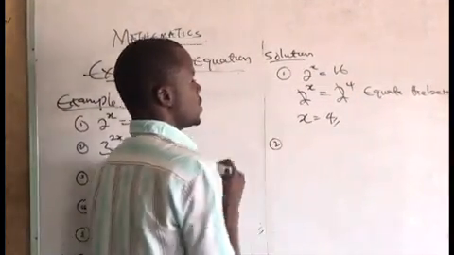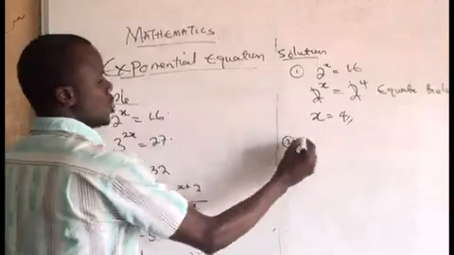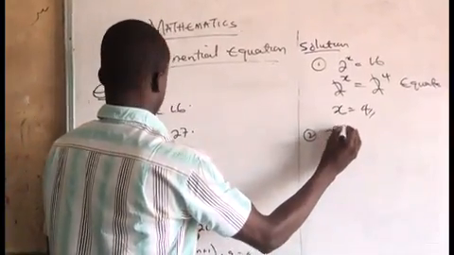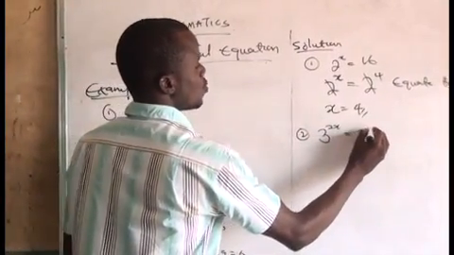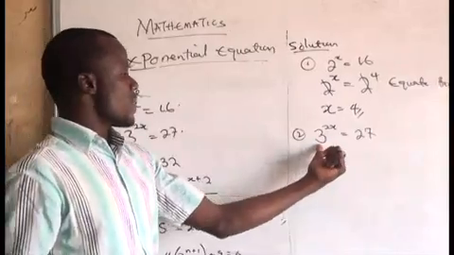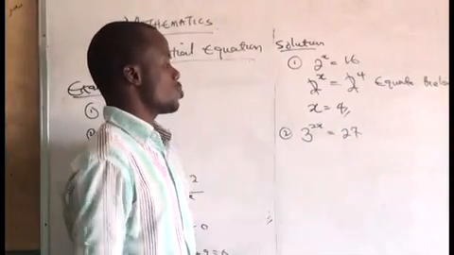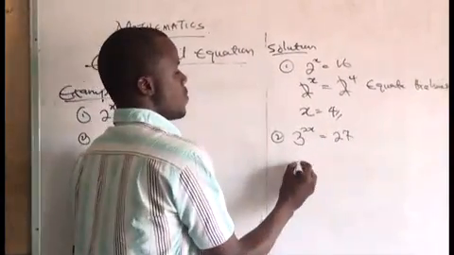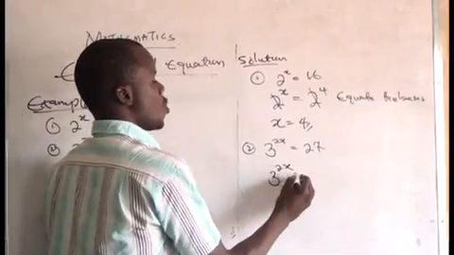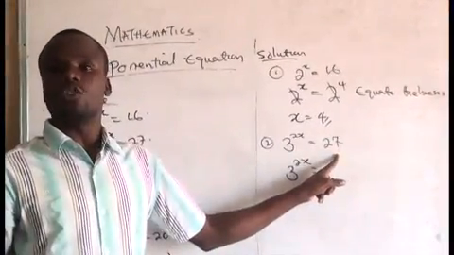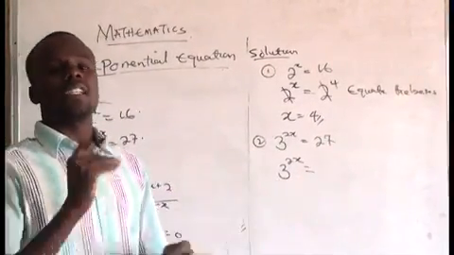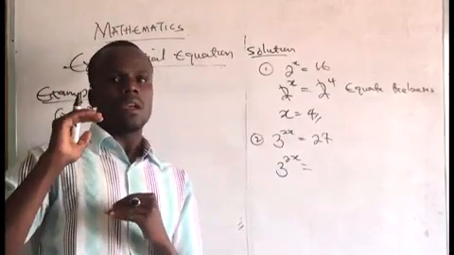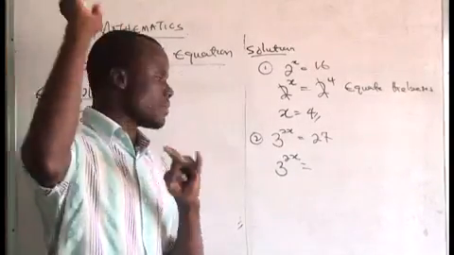Then we take number 2. Here we have 3 to the power of 2x equals 27. As usual, we express 27 to be the same base as this. That is 3 to the power of 3, because 3 times 3 is 9, times 3 is 27.